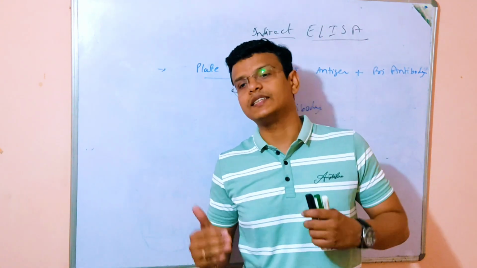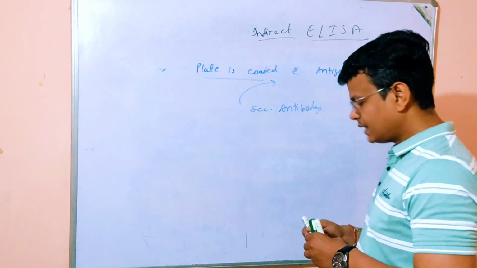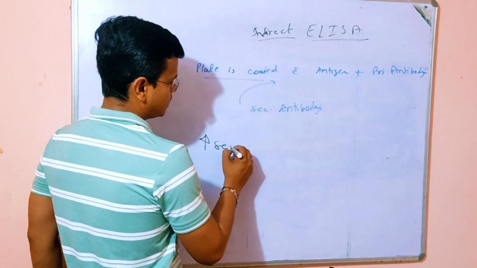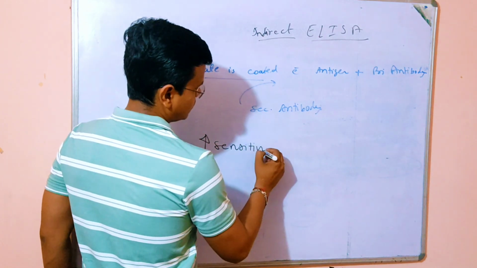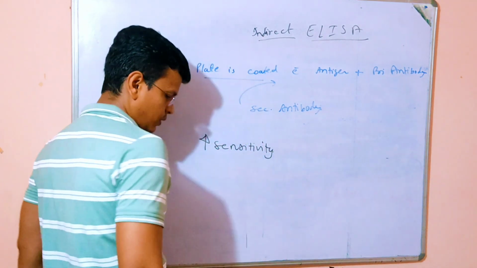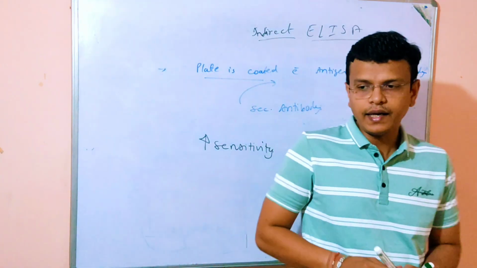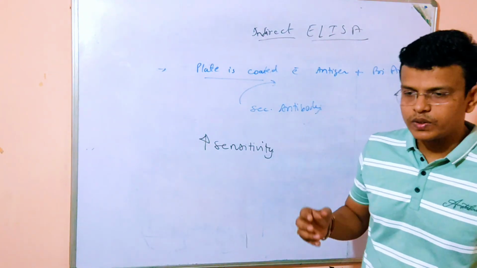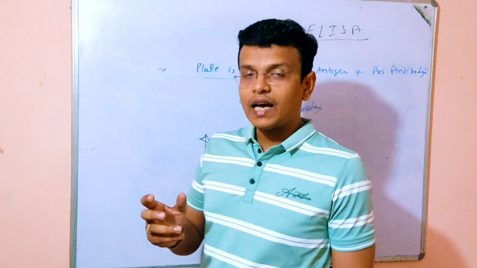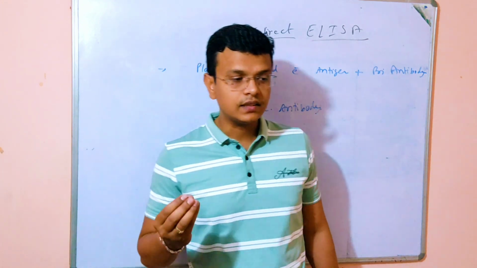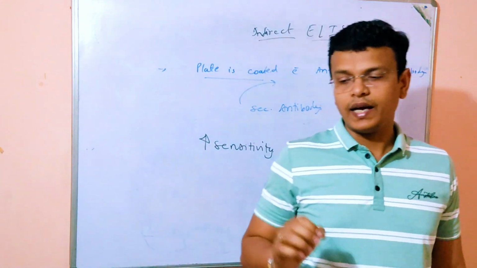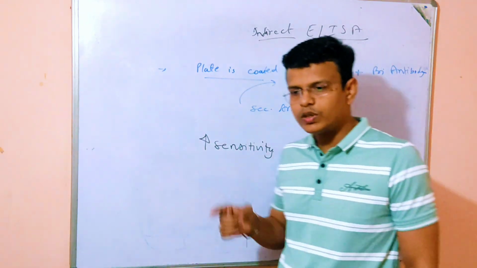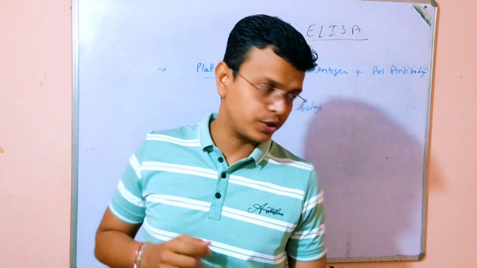It has higher sensitivity, because it has more signal amplification, due to which the ELISA reader reads precisely, and it is used most commonly in HIV testing, autoimmune disease and antibody research.